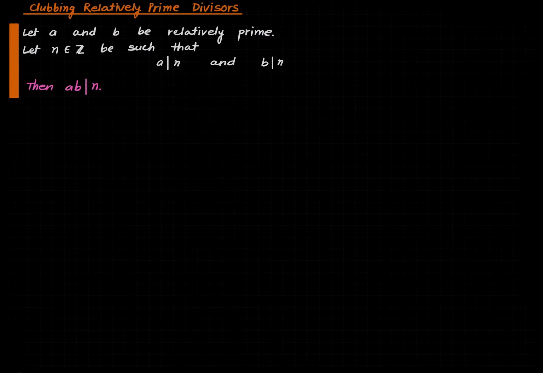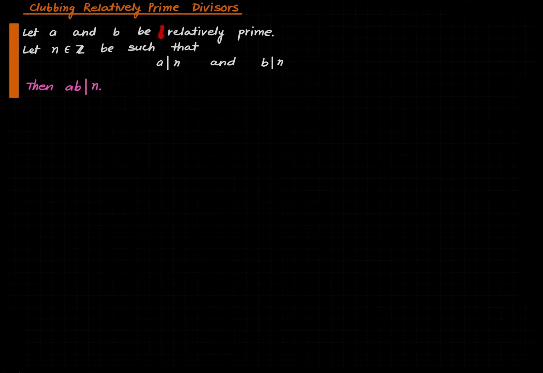So this property of GCD I really want to emphasize. Suppose we are given two relatively prime non-zero integers, a and b, and suppose there is some integer n which is divisible by both a and b. Then we want to show that the product of a and b divides n.